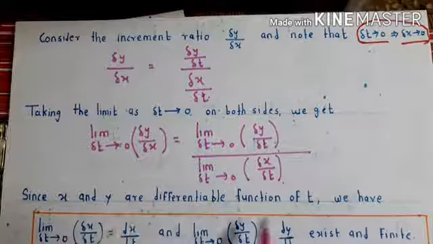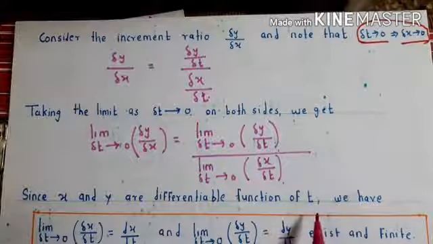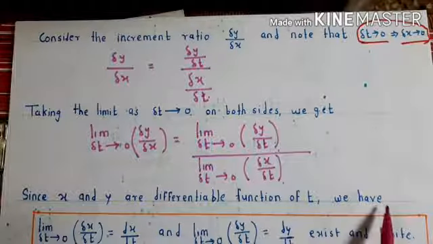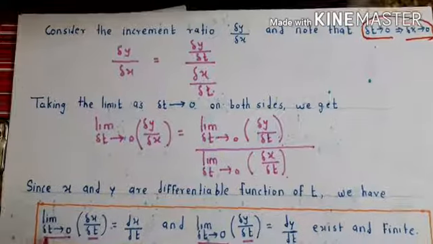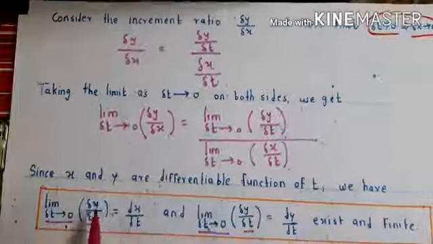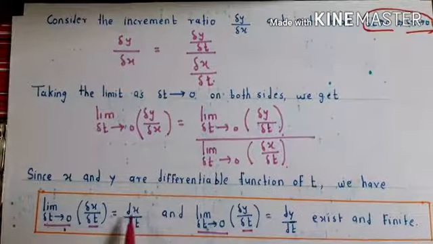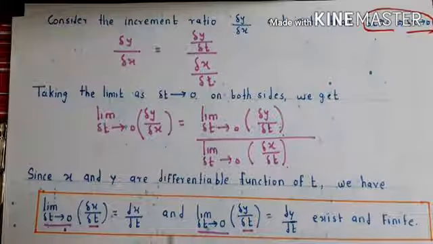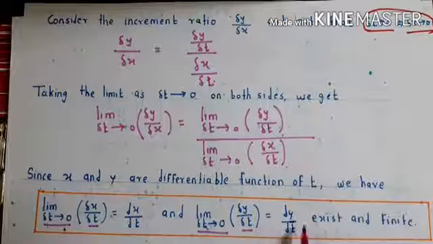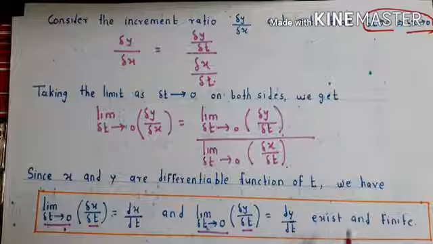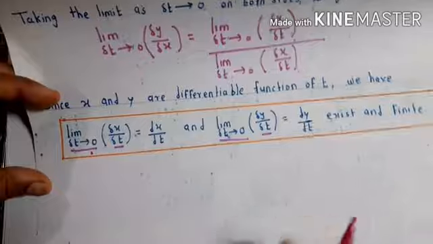As x and y are differentiable functions of t, we have the definitions. We know that limit delta t tends to 0 of delta x upon delta t equals dx by dt, and limit delta t tends to 0 of delta y upon delta t equals dy by dt, that is, they exist and are finite. Now consider the RHS.